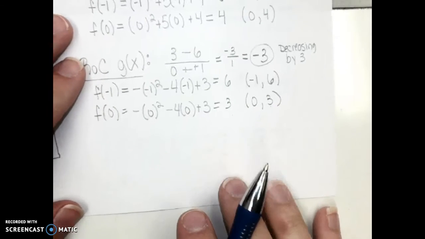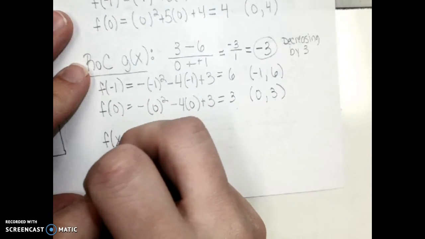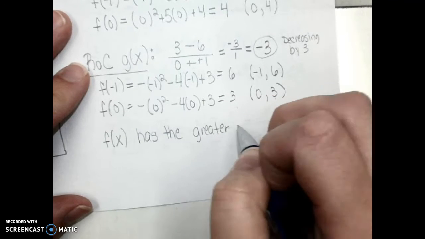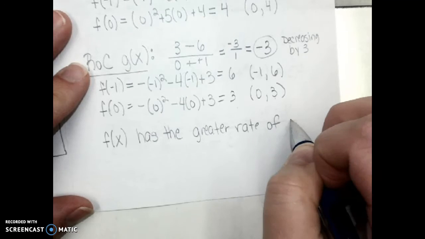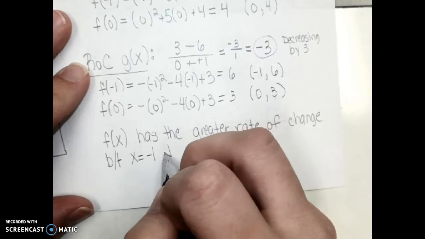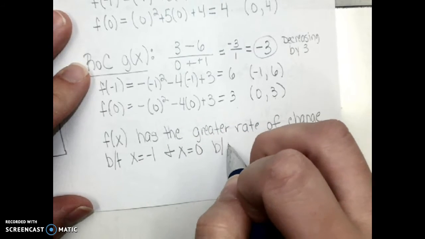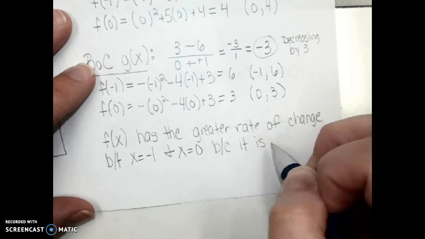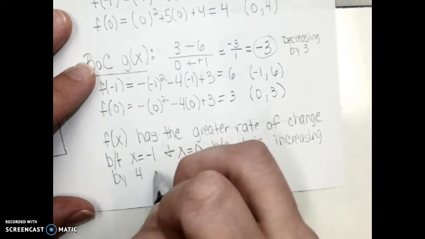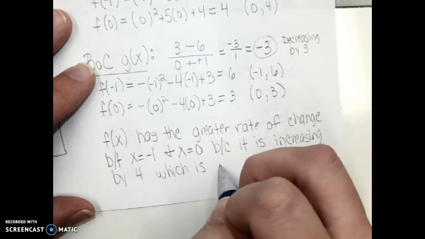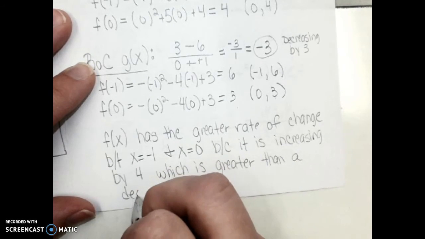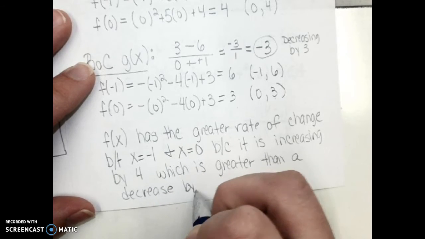So, we're going to write f of x has the greater rate of change between x equals -1 and x equals 0 because it is increasing by 4, which is greater than a decrease by 3.